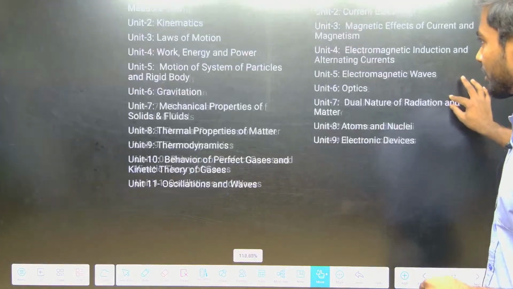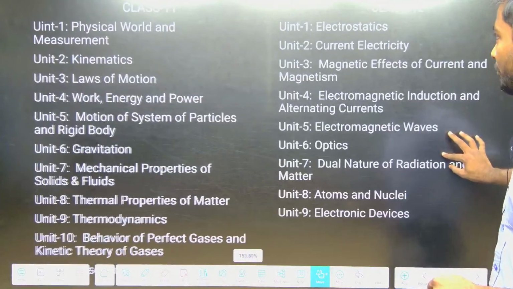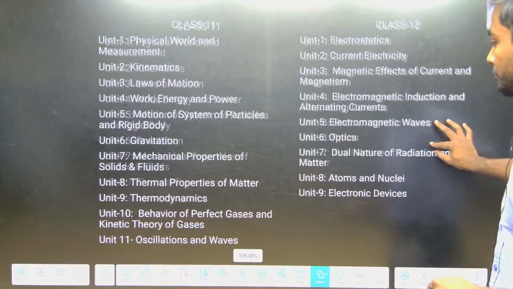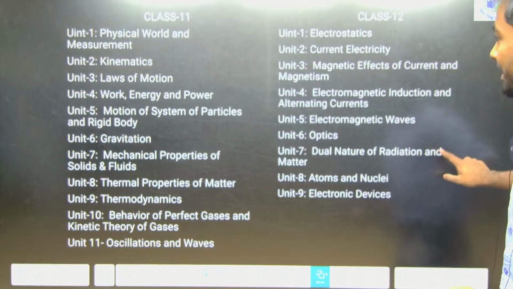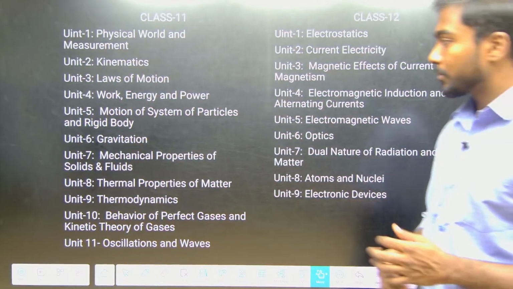If you want, you can take a screenshot of these lessons. This is the class 11th and class 12th chapters.